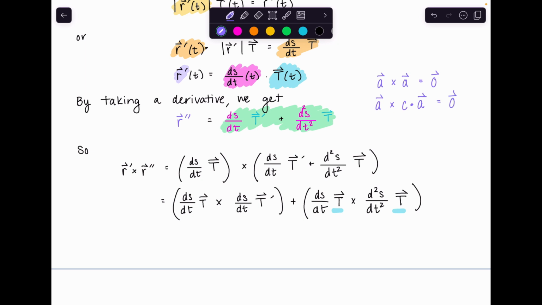It will give you the zero vector. Because these are scalar multiples of each other, these are parallel vectors. So automatically, I don't care what this thing is, it is the zero vector, which does nothing for me. So I'm able to do r prime cross r double prime just by finding this piece.